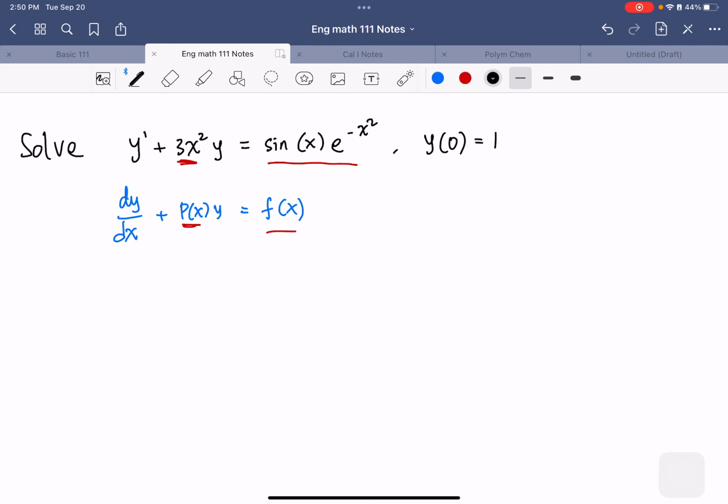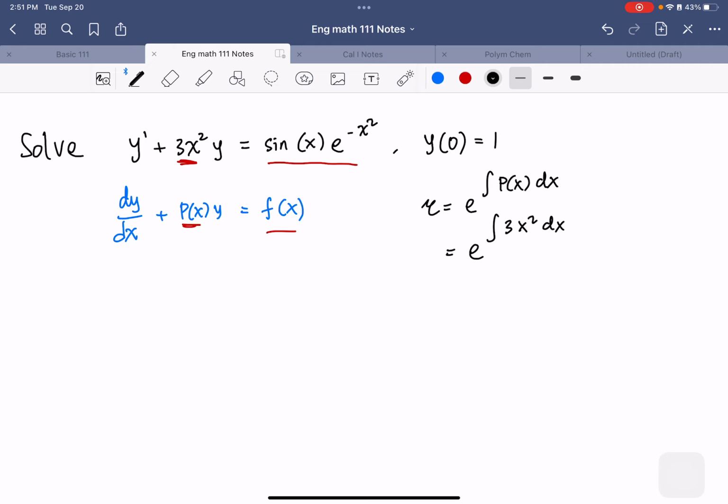So then the first one, we can compute the integrating factor, or the mu. Can write this, and our p of x is 3x squared dx. Well, integrating this, x squared becomes 1 over 3 x cubed.